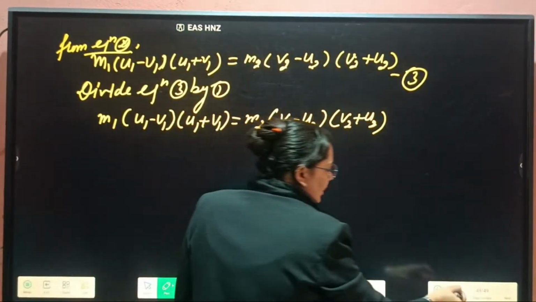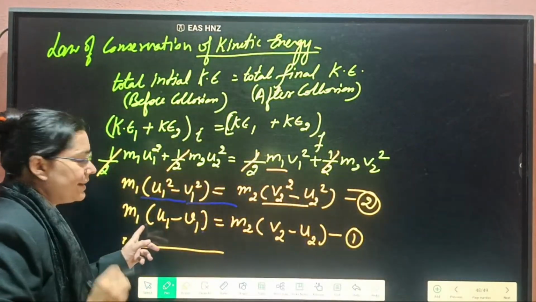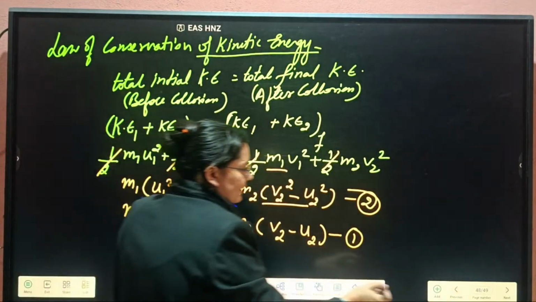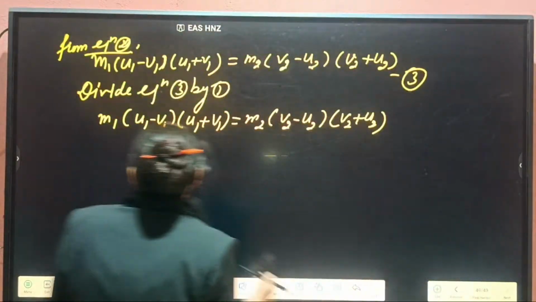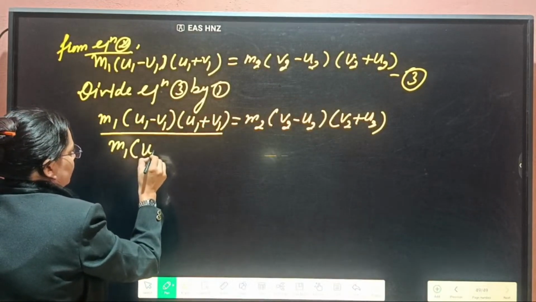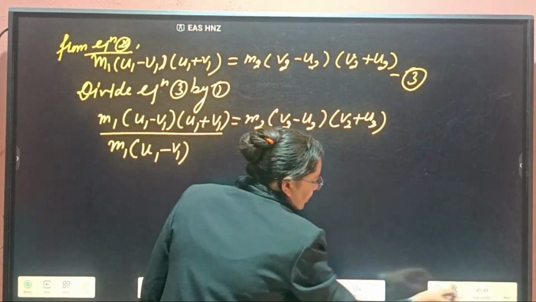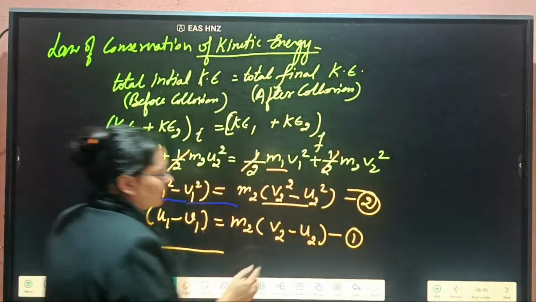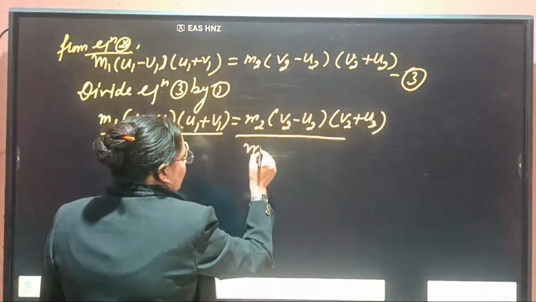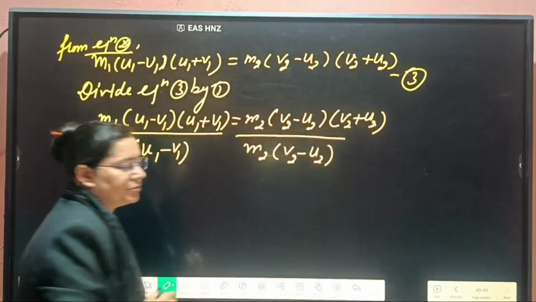Okay, so on the last page your first equation is this one. We are writing this equation m1 u1 minus v1 equal to m2 v2 minus u2, then this one divide by this equation, then our equation will be m1 u1 minus v1, यही equation थी ना, check कर लेते एक बार, u1 minus v1 and v2 minus u2.